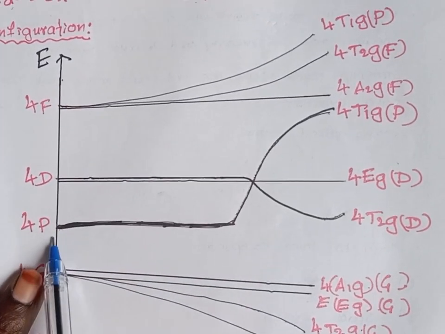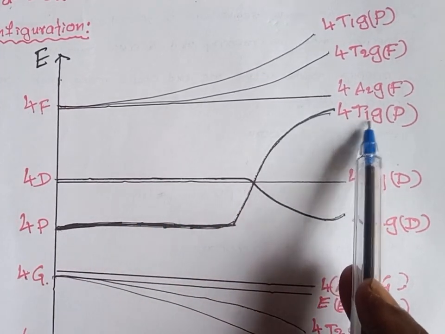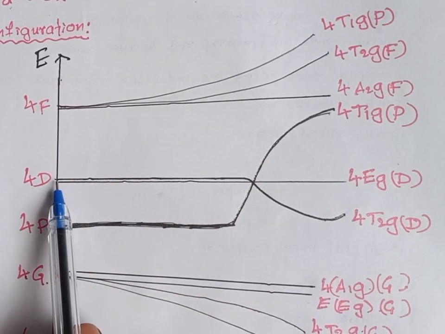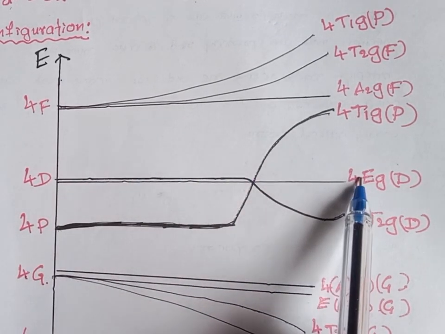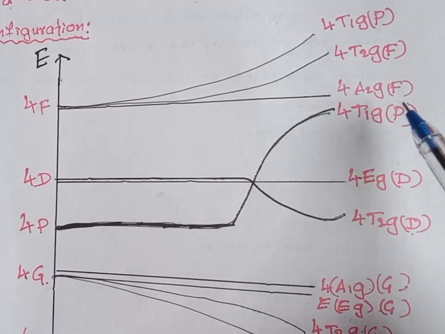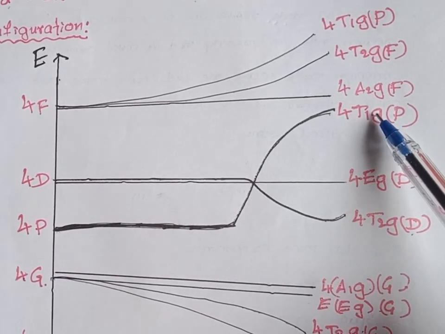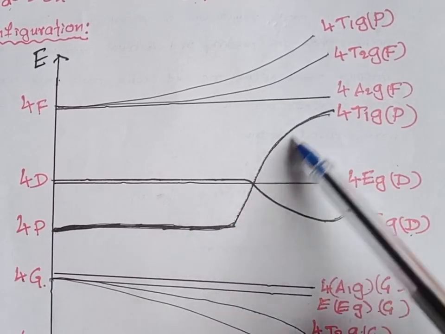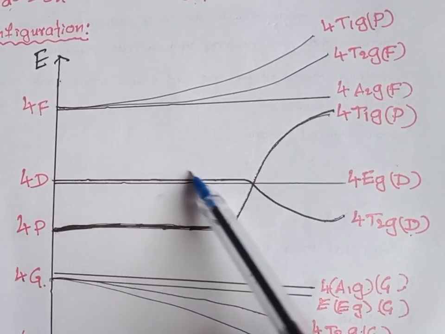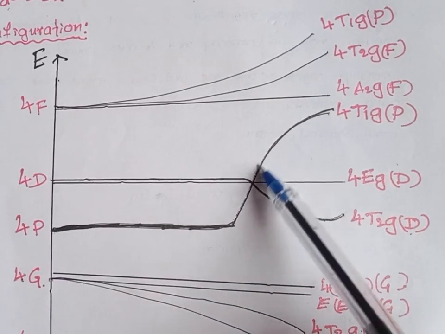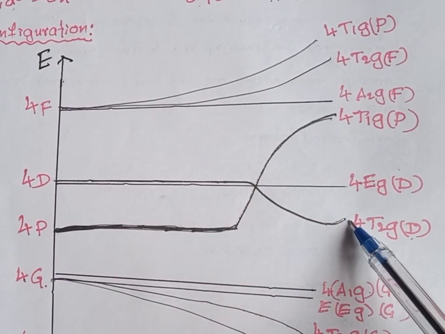And the T1G energy level from the P term takes a sigmoidal curve, along with the two energy levels EG and T2G from the D term, right? When energy levels with the same symmetry from different terms approach together, distortion of symmetry takes place, and they take the sigmoidal curve.